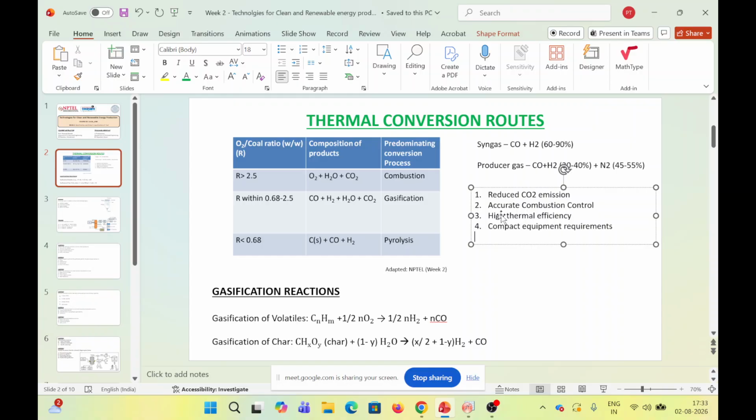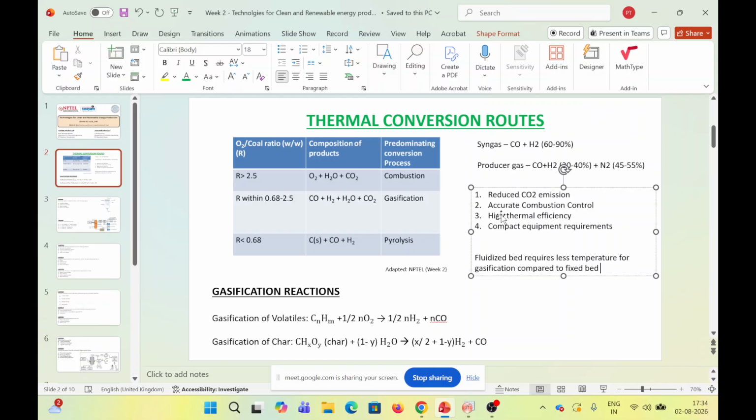So fluidized bed requires less temperature for gasification compared to fixed bed.